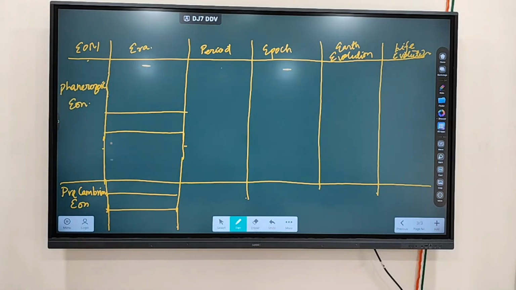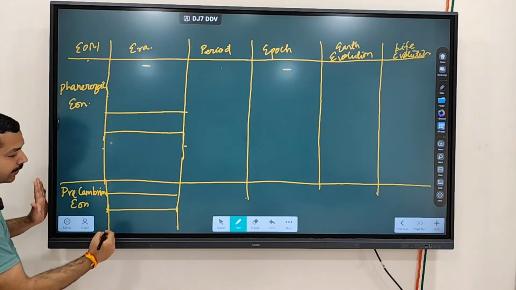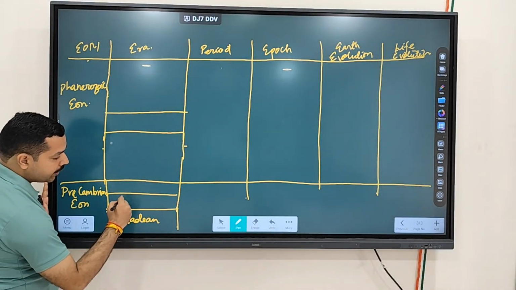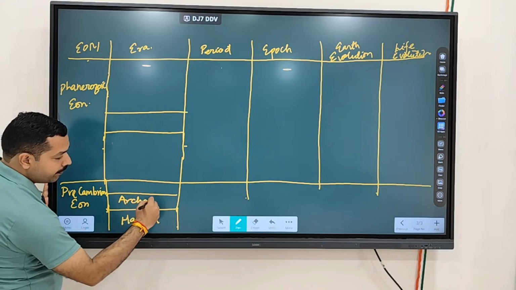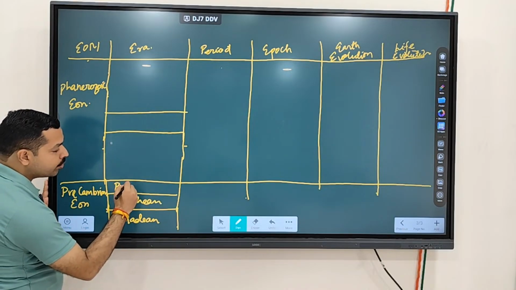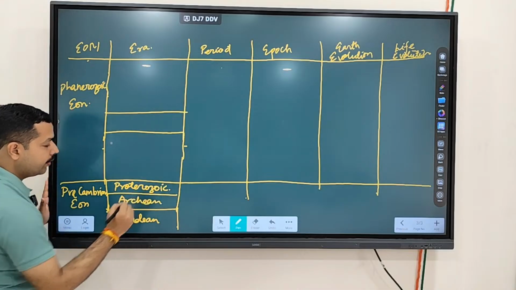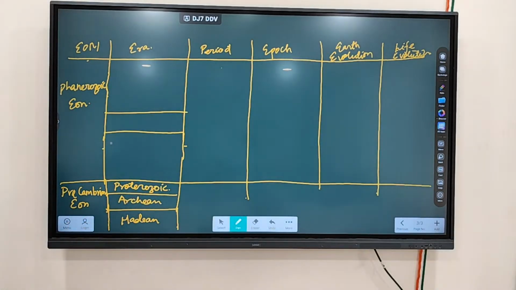These three are referred to as the Hadean era, Archean era, and Proterozoic era.